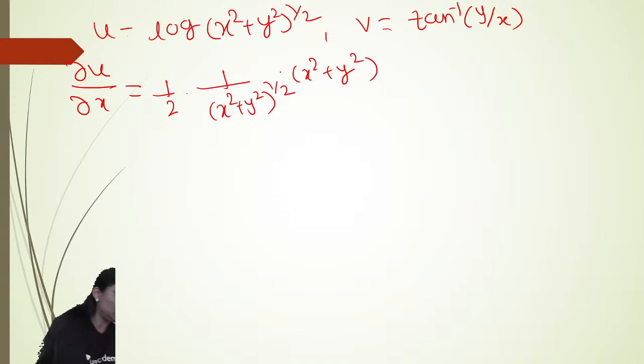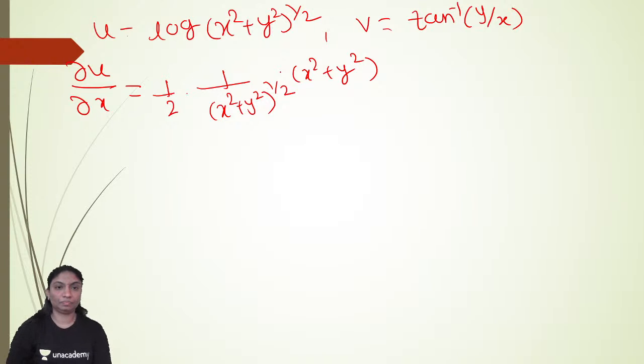Here 1 upon (x square plus y square) raised to 1 by 2 into (x square plus y square) raised to 1 by 2 minus 1, which means minus 1 by 2. This is your ∂u/∂x into the derivative of x square plus y square with respect to x, which is 2x.